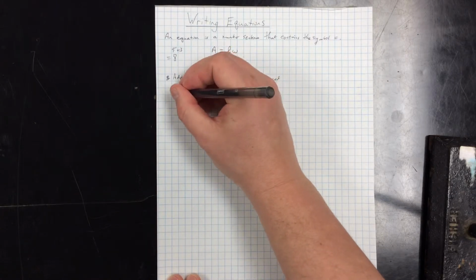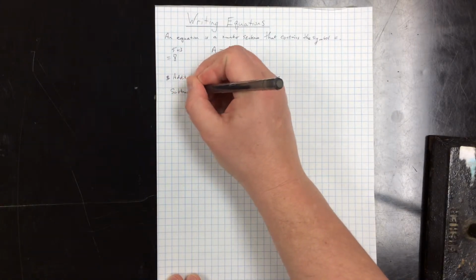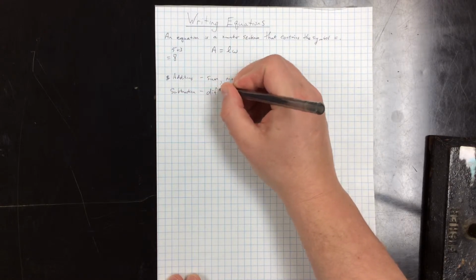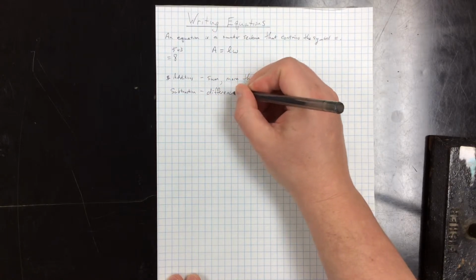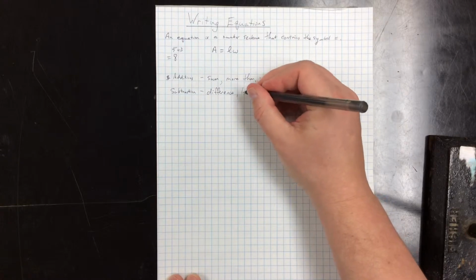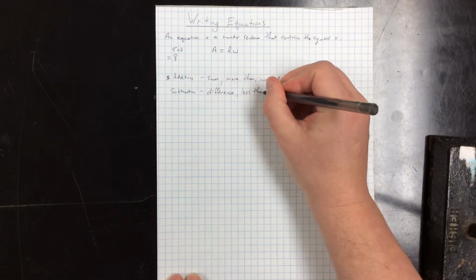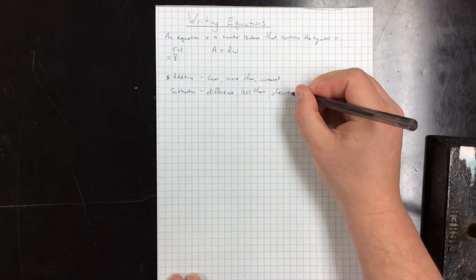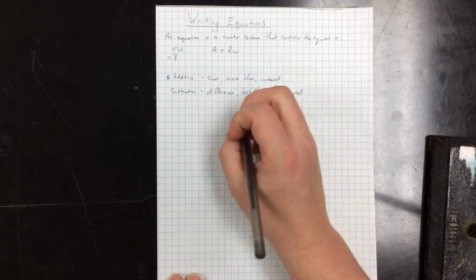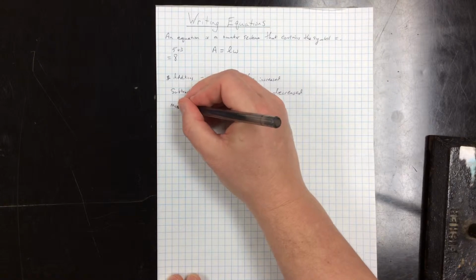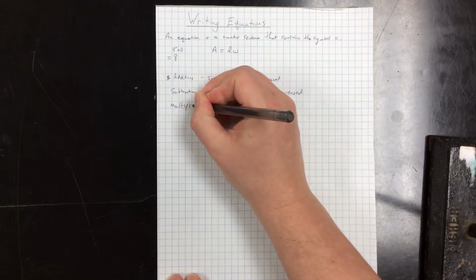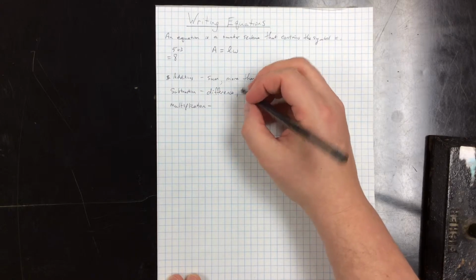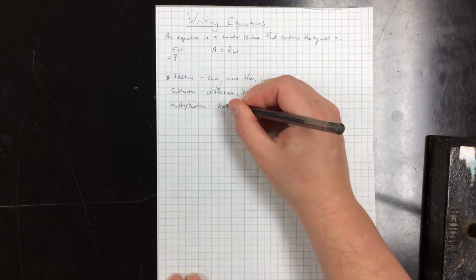If we're talking about subtraction, we're going to see words like difference, less than, decreased, decreased by. For multiplication, we're going to see words like product.